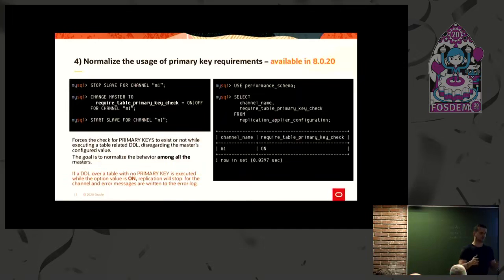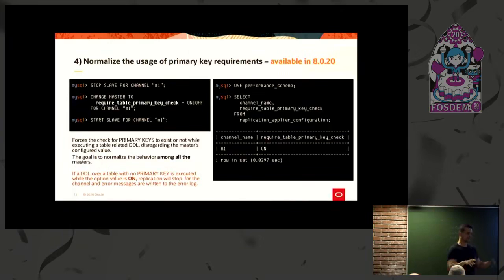When we are replicating data from a master to a slave, usually the default behavior is that the slave will just set the value for the applier session that comes from the master. So if the master is running with SQL require primary key set to 1, the slave will set it to 1 and then apply.